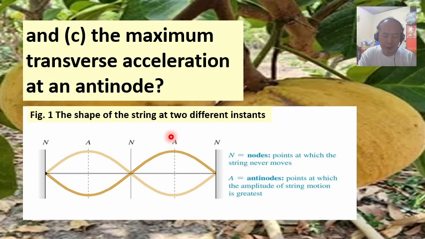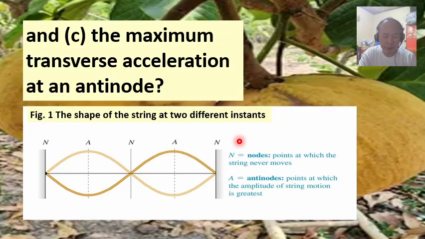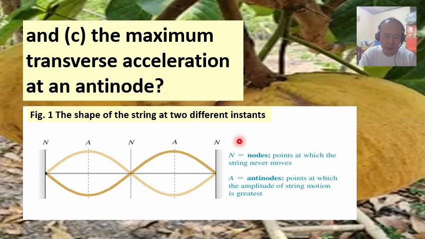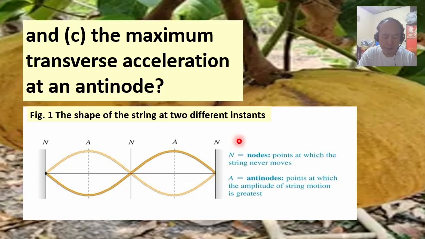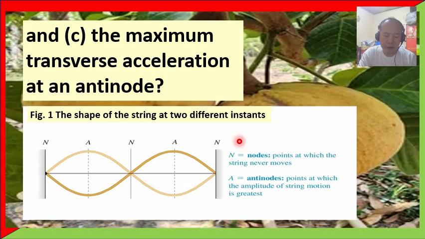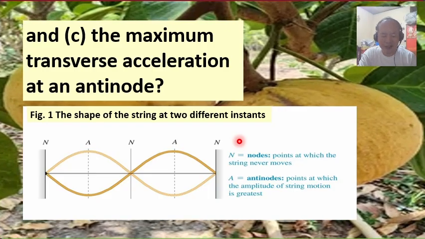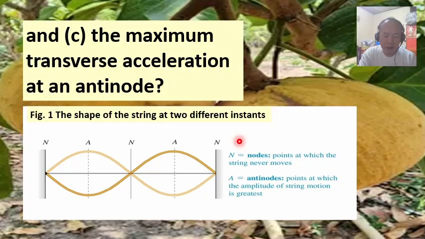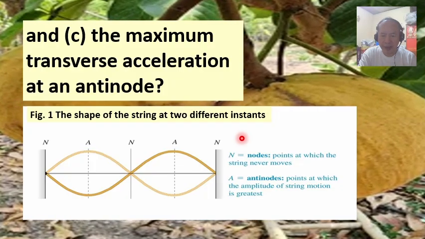We label these particles or points as the nodes, capital N. These are points at which the string never moved. The points at which the amplitude of string motion is greatest are called the antinodes, and they are labeled here as capital A.